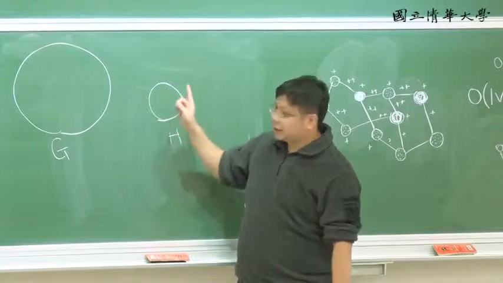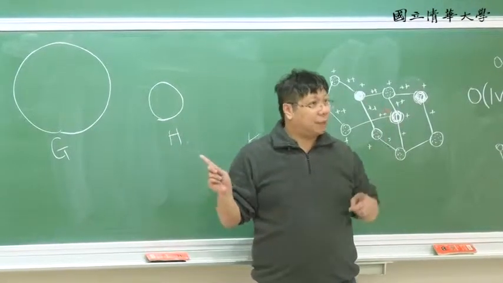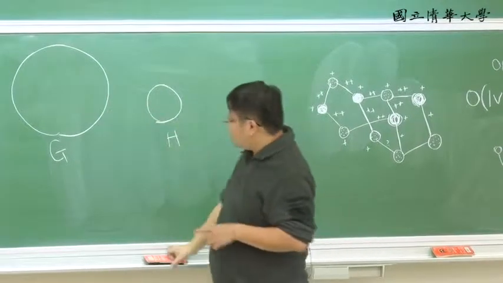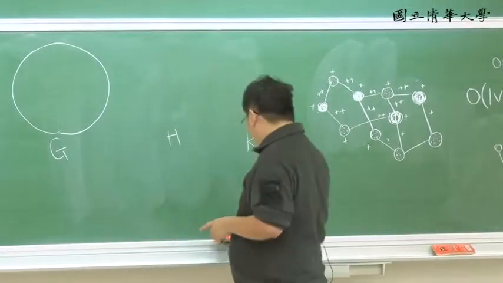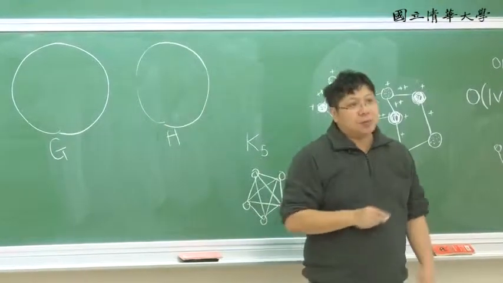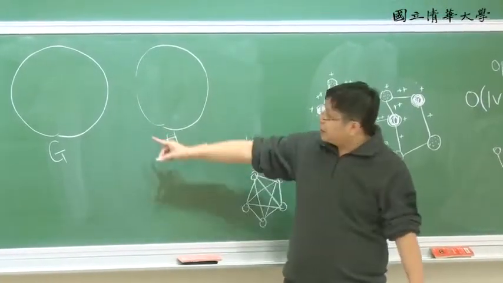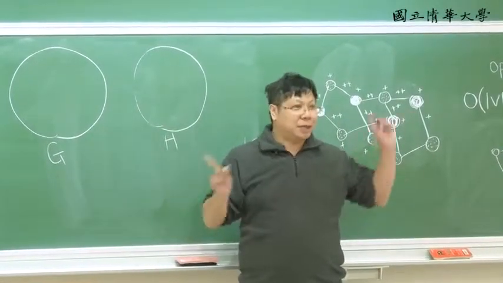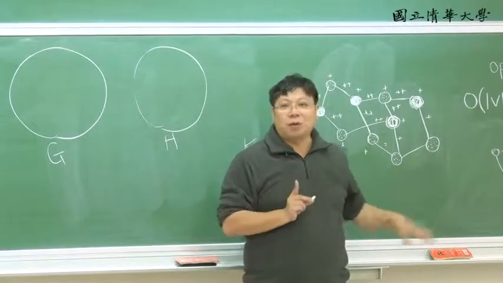So the subgraph isomorphism problem is a hard problem, but if I change it a little bit, if G and H are known to be of the same size, then this becomes the original isomorphism problem, and it is not known to be easy or hard. So this is what I want to convey to you.